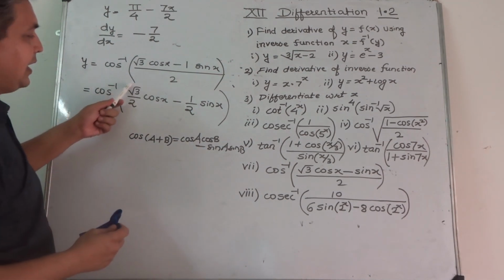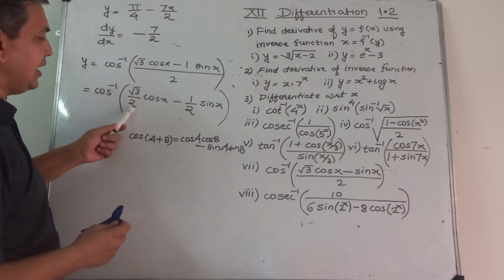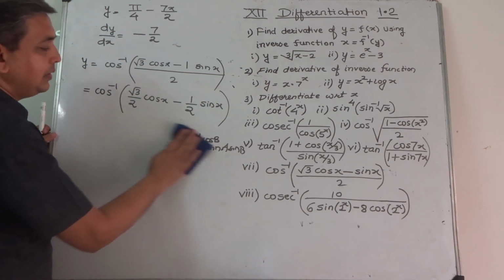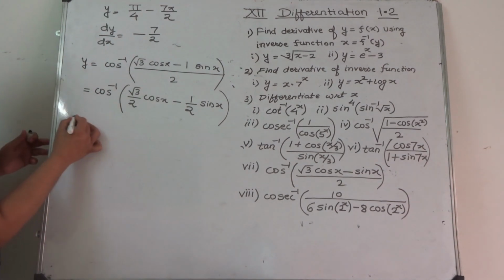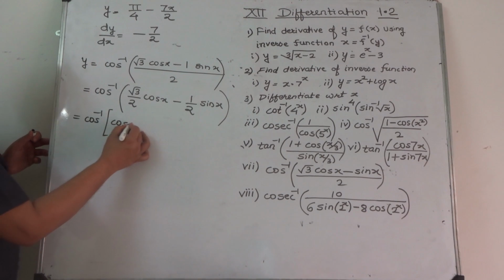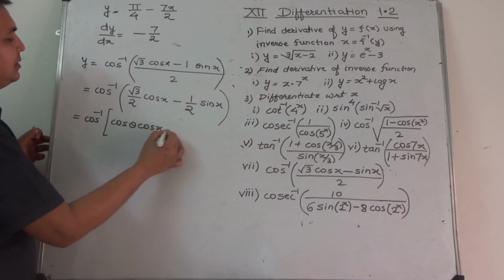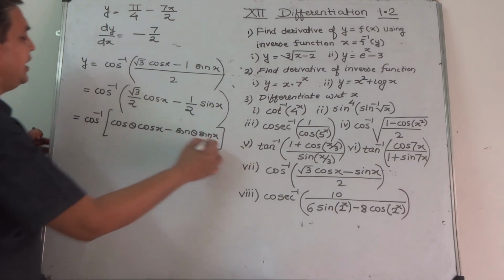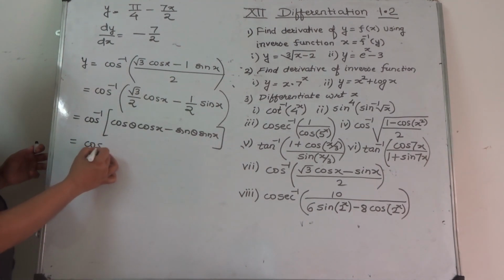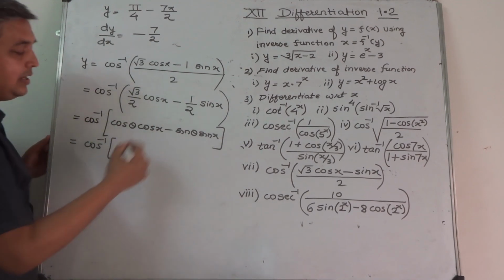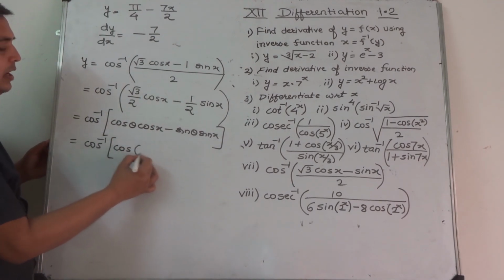So if we write this value as cos theta, this value can be written as sin theta, and so this becomes cos inverse of cos theta cos x minus sin theta sin x, which we write as cos inverse of cos of x plus theta, since cos a cos b minus sin a sin b is cos of a plus b.